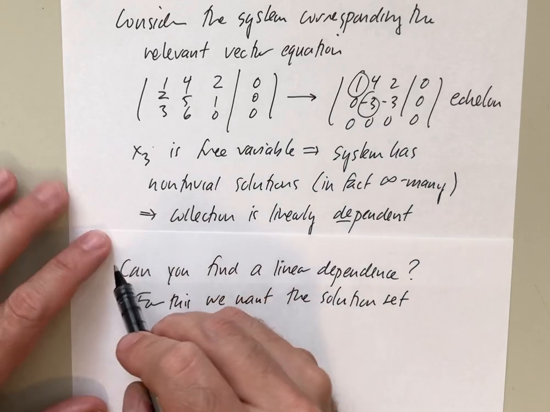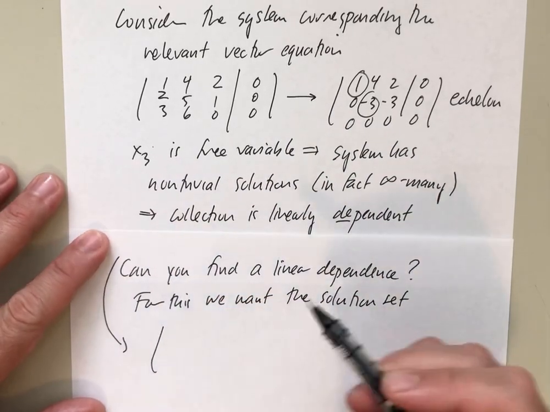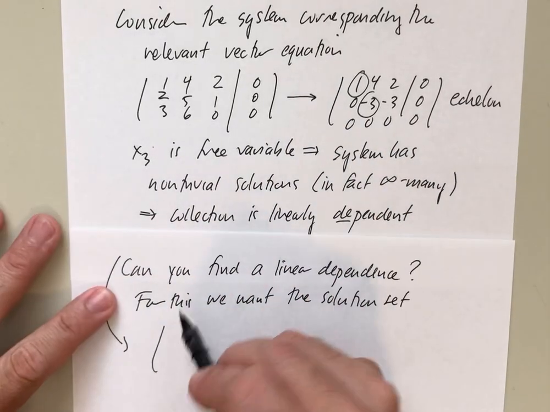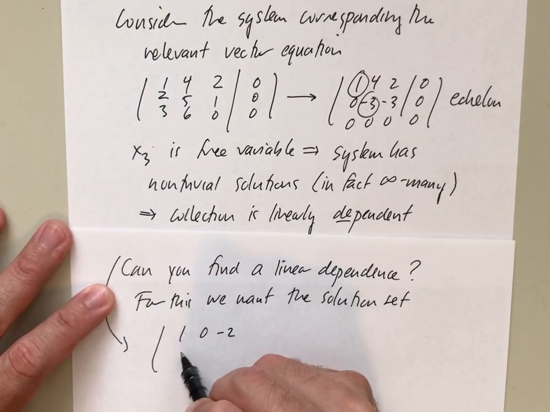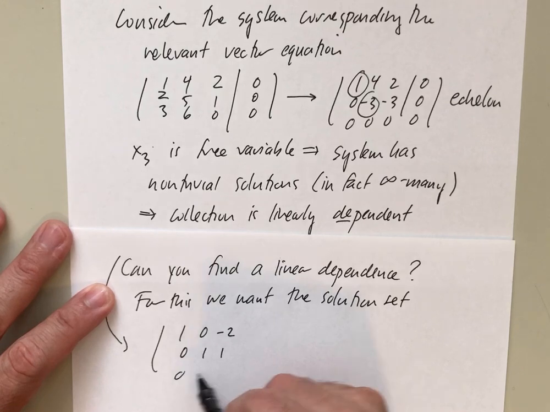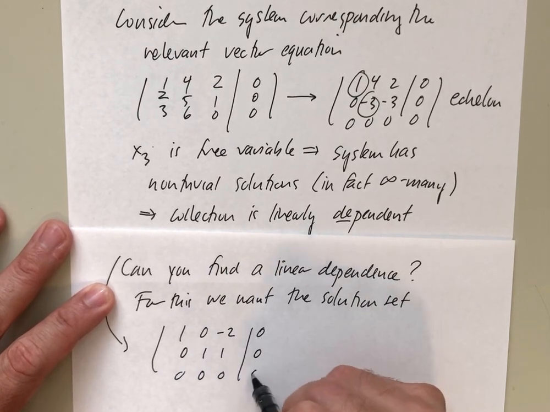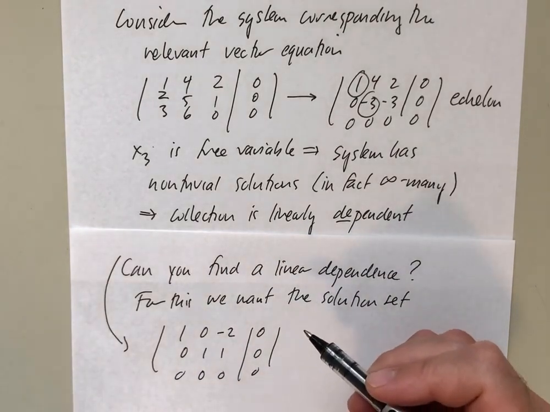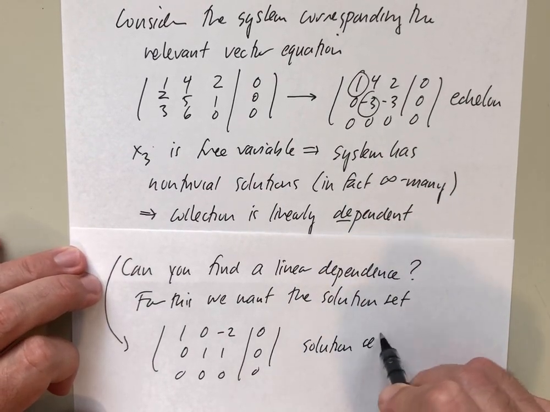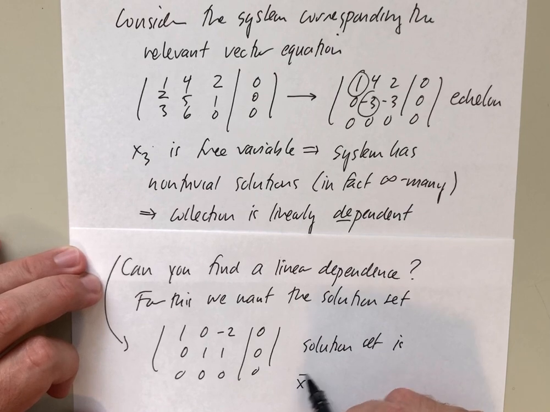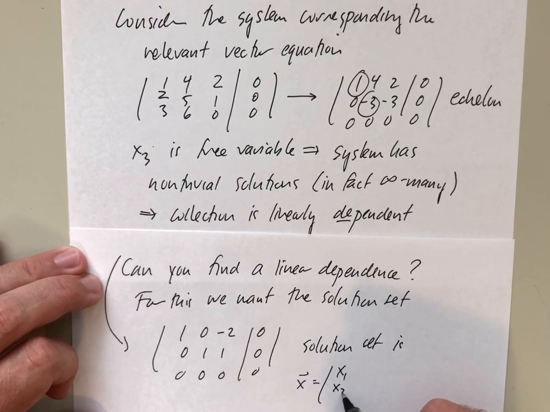So as you know, what you do is you further reduce the row echelon form. If you do that, what you get is 1, 0, minus 2, 0, 1, 1, 0, 0, 0. Of course, there's zeros here. And what this is telling me is that the solution set is given, in vector form, it's going to have 3 variables.